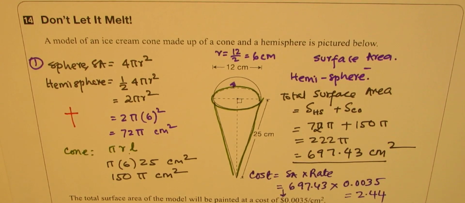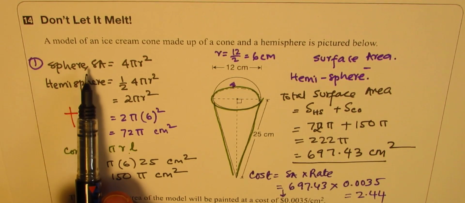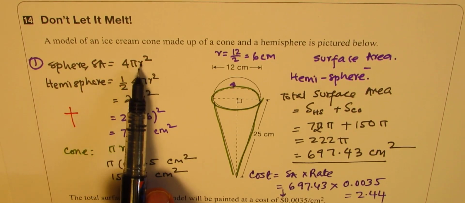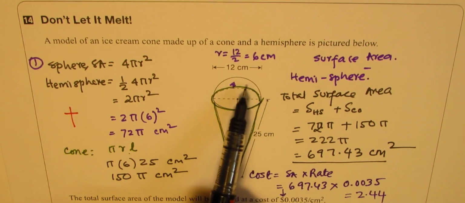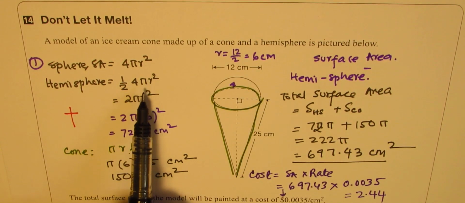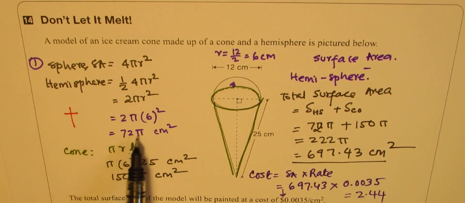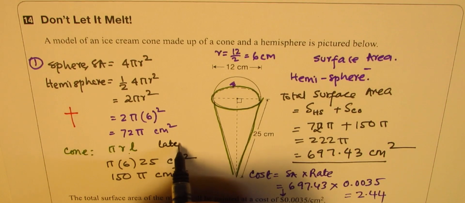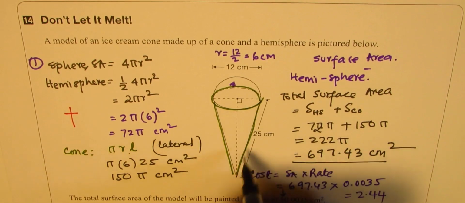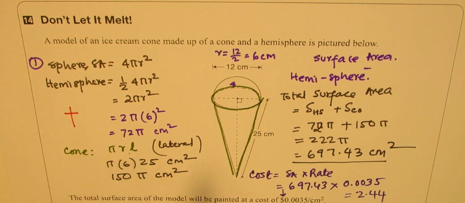I would like you to have a good look at this particular solution which we have done. What we did here was, we used the formula for surface area of a sphere, which is 4 pi r squared. Since it is half of it, we did half of that. Substituting the value of radius as 6, half of 12, we got 72 pi centimeter square. For the cone, we are only looking for lateral area, right? Lateral surface. It is pi r l.